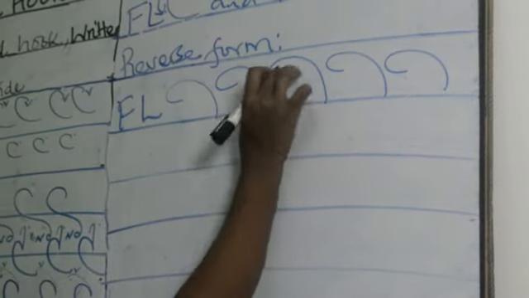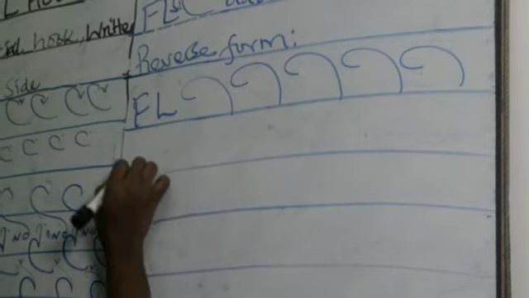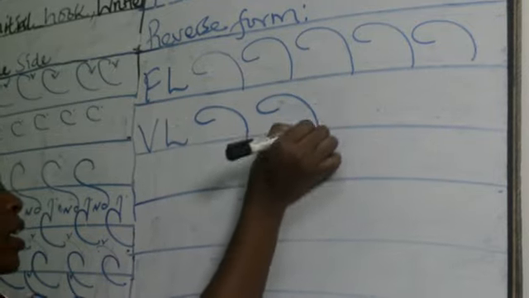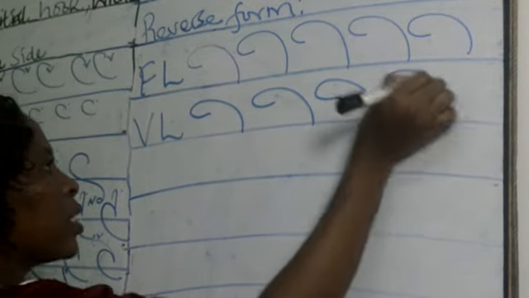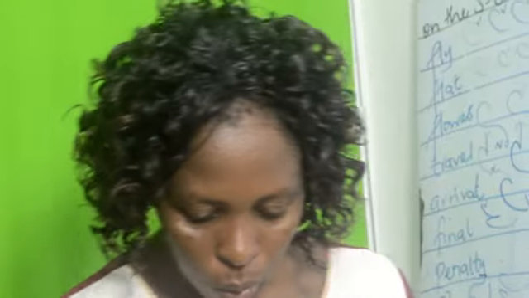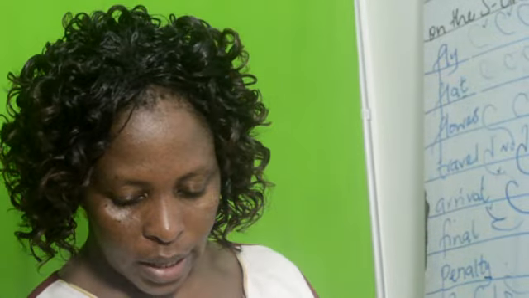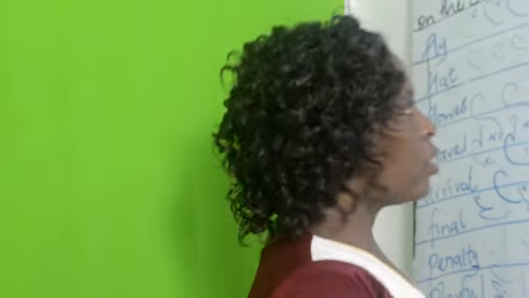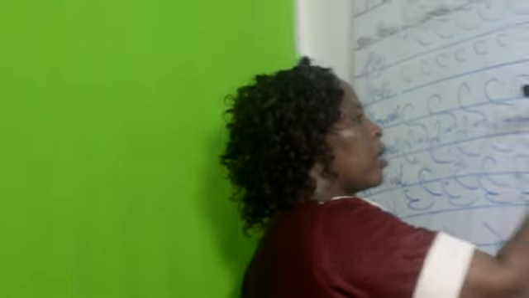We use the reverse side, and stalk of V the same will be reversed like this. So this is the reverse form, and we have some few words drilled using the reverse form.